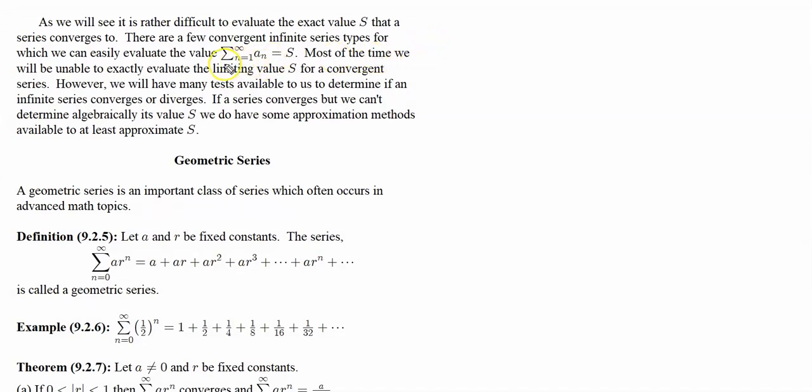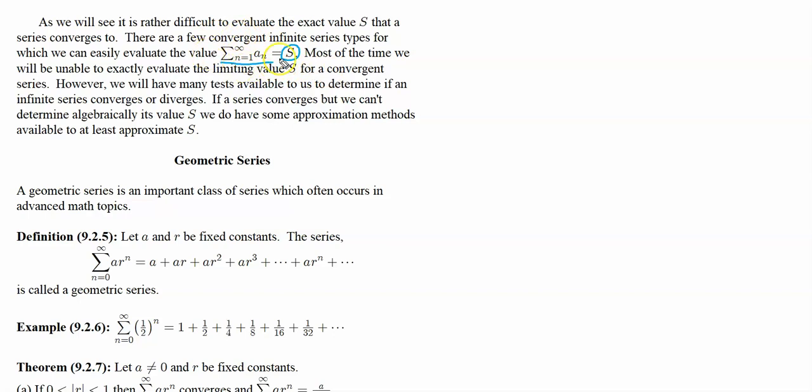Now if we're given a convergent series, it's oftentimes very difficult to determine the exact limiting value s of that series, in other words, what it's equal to. It's usually very difficult or impossible to do that. However, we do have a lot of tests that we'll be covering that we can use to determine if the series converges or diverges.